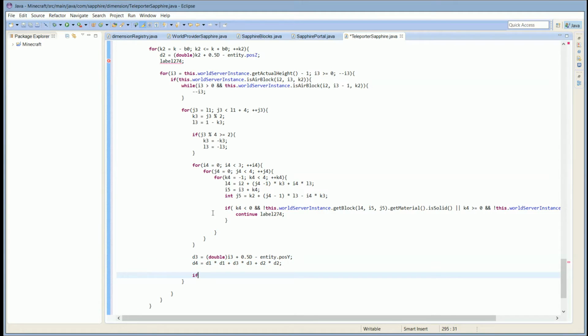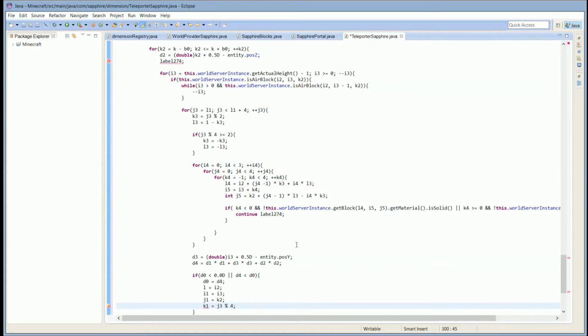And then we're going to have another if statement. If D0 is less than 0.0D, or D4 is less than D0, then D0 will equal D4, L will equal I2, I1 will equal I3, J1 will equal K2, and K1 will equal J3 percent 4.